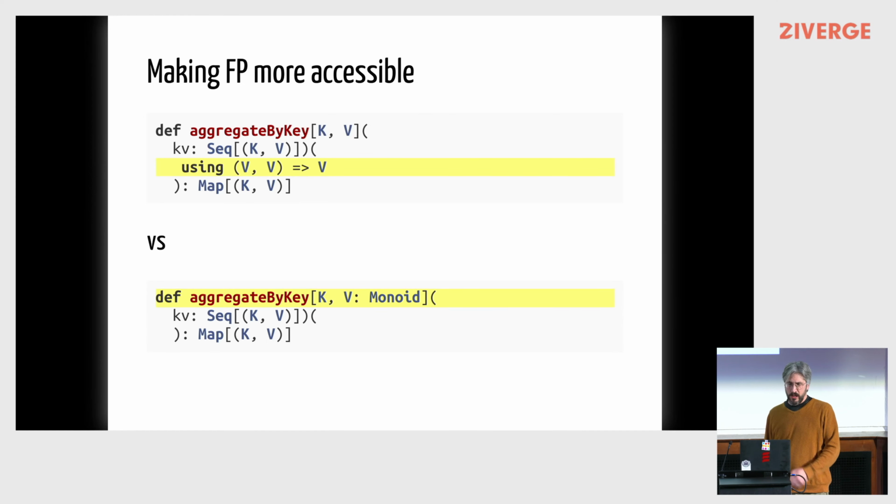So also, there's a point that was made in a talk by John De Goes that basically is making it more accessible. If we see aggregate by key, the minimal requirement on a V is that we need to have a combine or an add, basically, from V to V to V. And in the second case, we have a monoid.